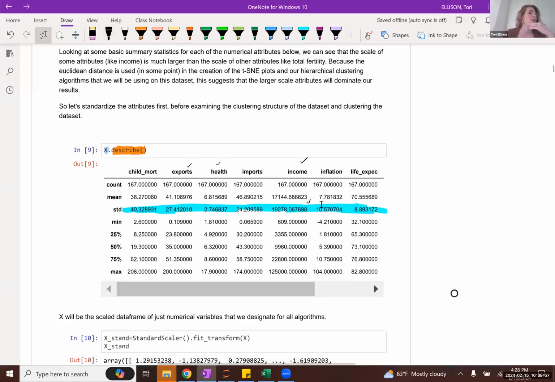Someone's asking a question: is there ever a disadvantage to scaling a data set? So it might actually be possible that you want some of your variables to have a higher scale, or in other words, to have more of a say on the nature of the clustering structure.